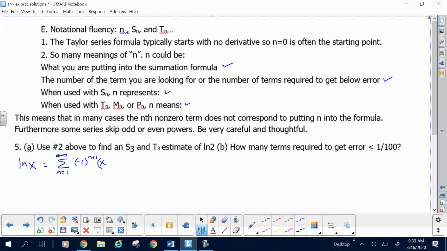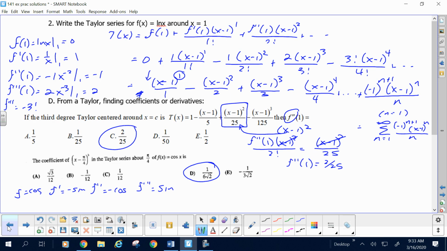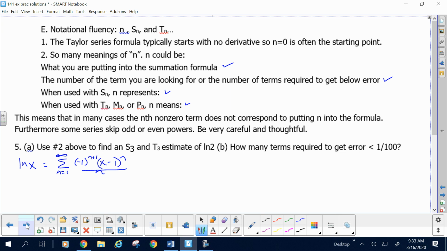It was centered around 1, wasn't it? Yes. Okay. So if we use it to find an S3 and a T3 estimate of log of 2, how many terms are required? Let's start with log of 2.